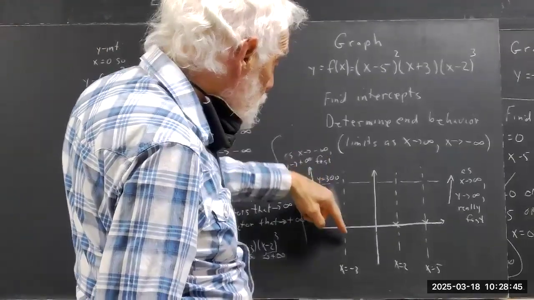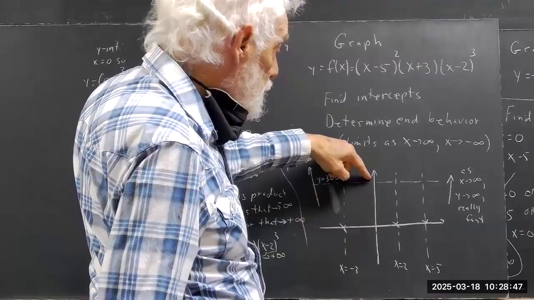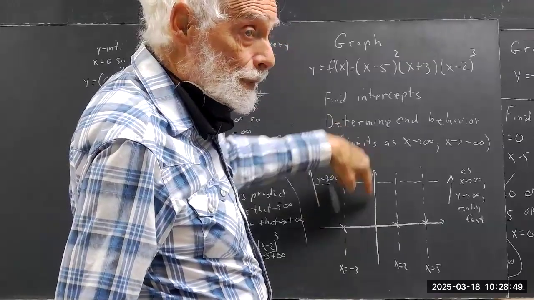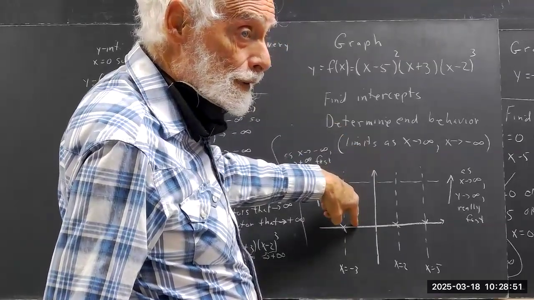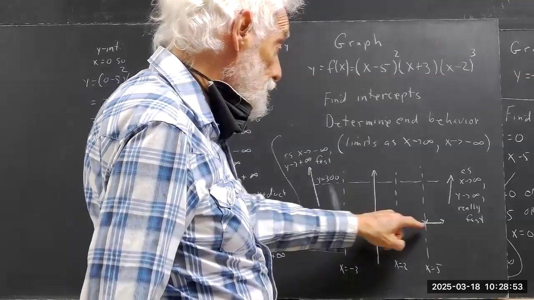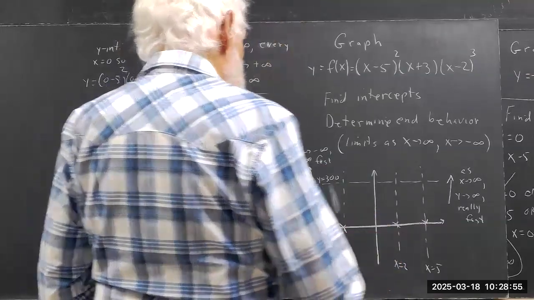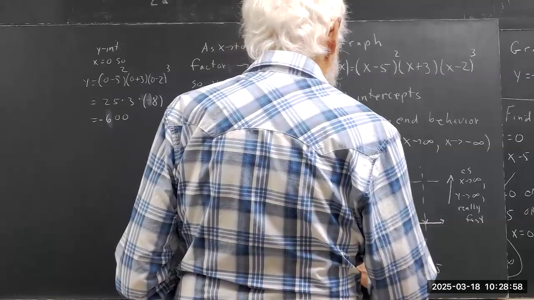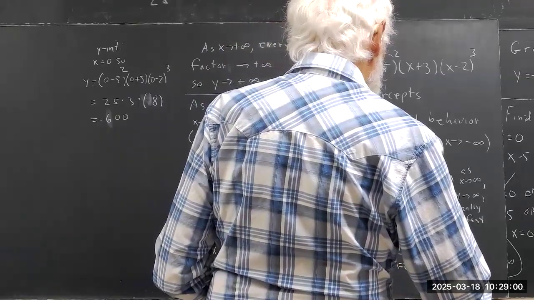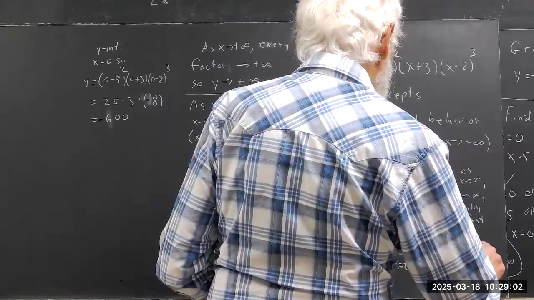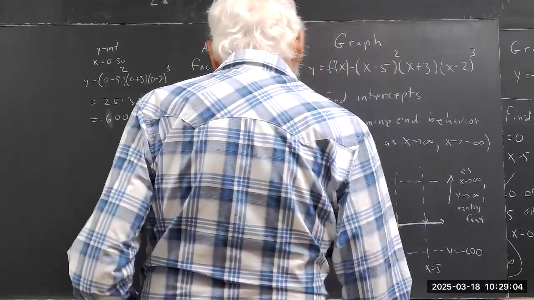If I come down through this, I can't turn around and come back through this point because I'd have to go through the x-axis. And I can't go through the x-axis except at these 3 points. So I better modify my graph and put my y equals -600 here.